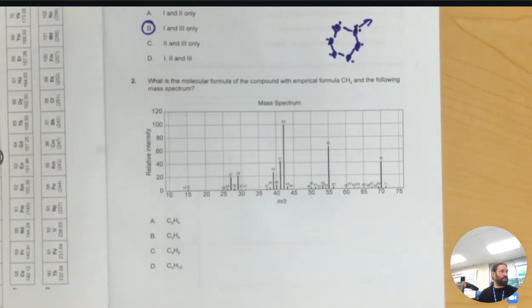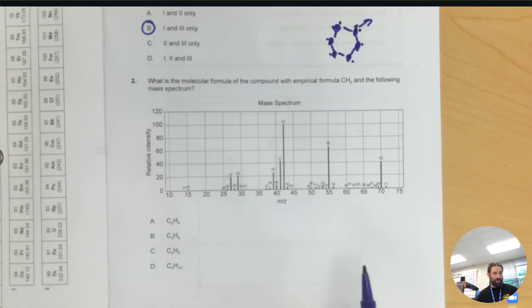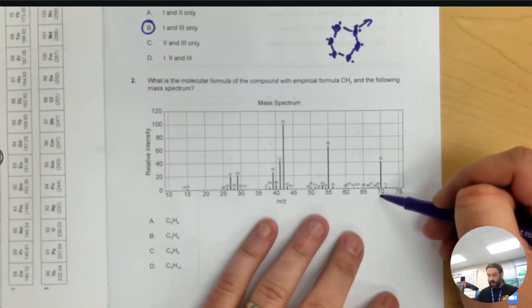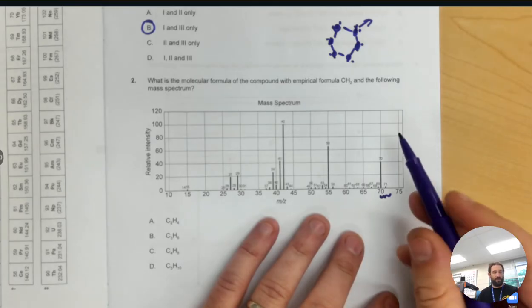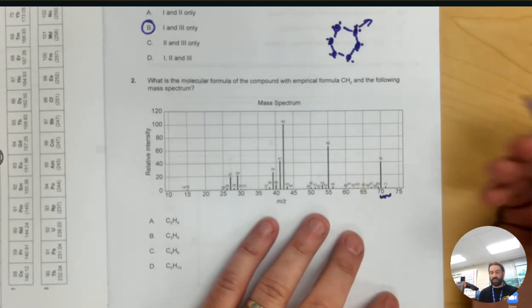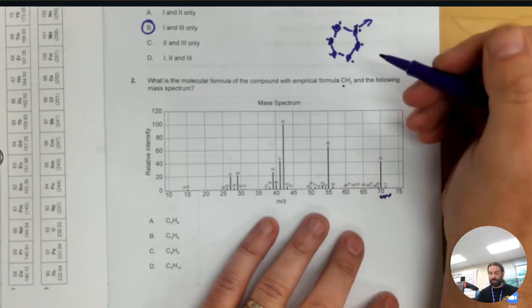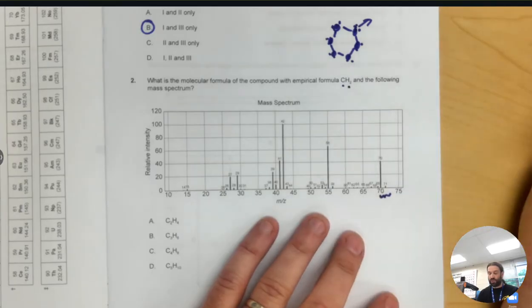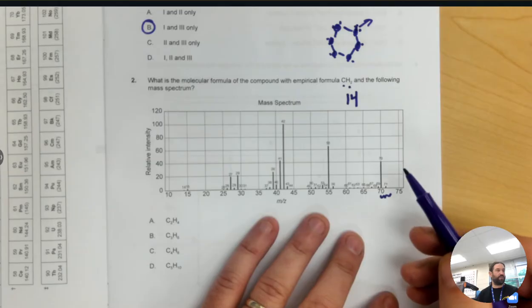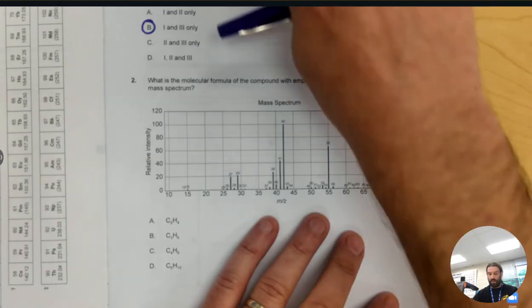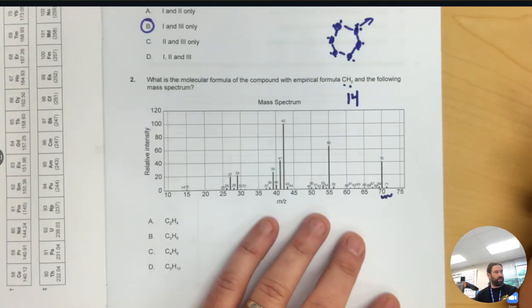All right, so number 2 says, what is the molecular formula of the compound that has empirical formula CH2 and the following mass spec? So remember, the highest numbered peak in the mass spec gives us the molar mass of the compound. So if we know the mass of the empirical formula, carbon is 12, there's 2 hydrogens and each one is 1, that means our empirical formula has a mass of 14.